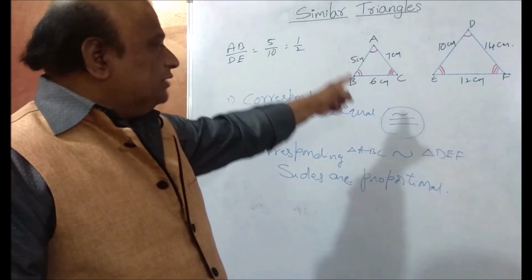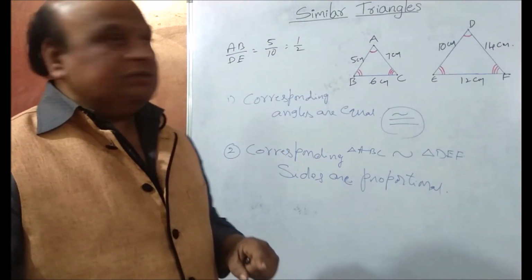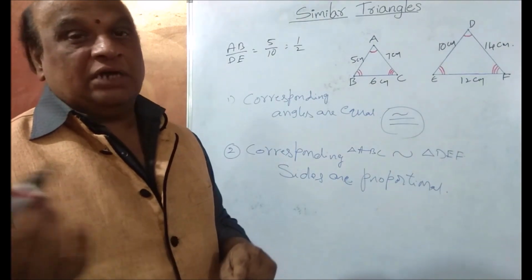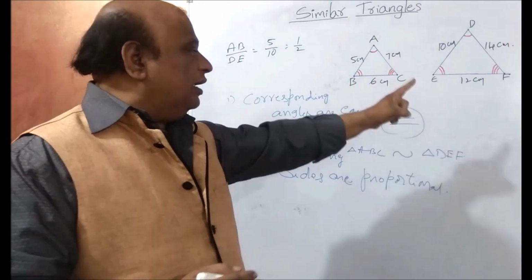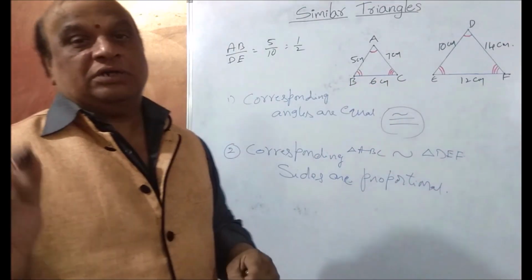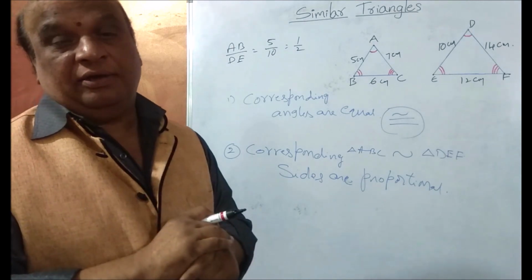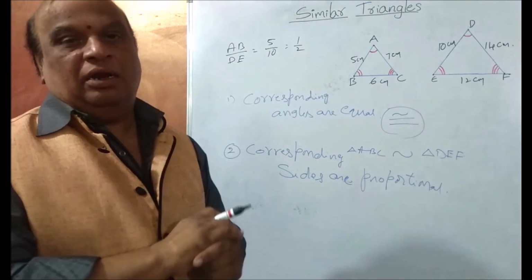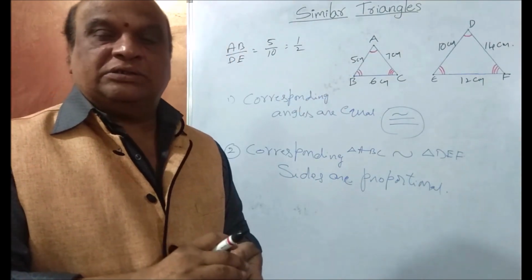Like that, AC by DF. What is the ratio? 7 by 14. That is also 1 by 2. BC by EF is equal to 6 by 12. That is also 1 by 2. This is the proportionality. So now these sides are proportional. Now only these two triangles are similar triangles.